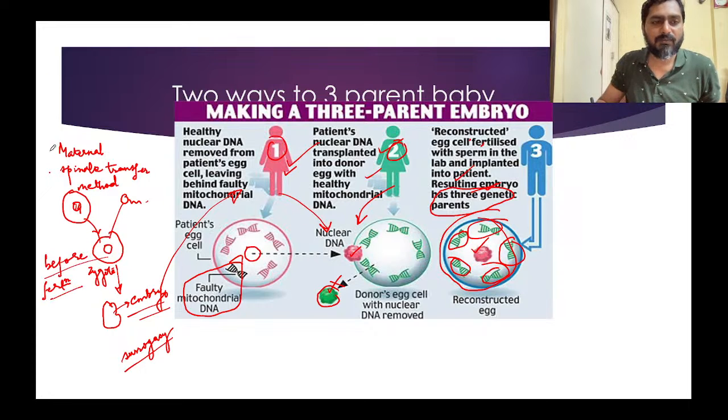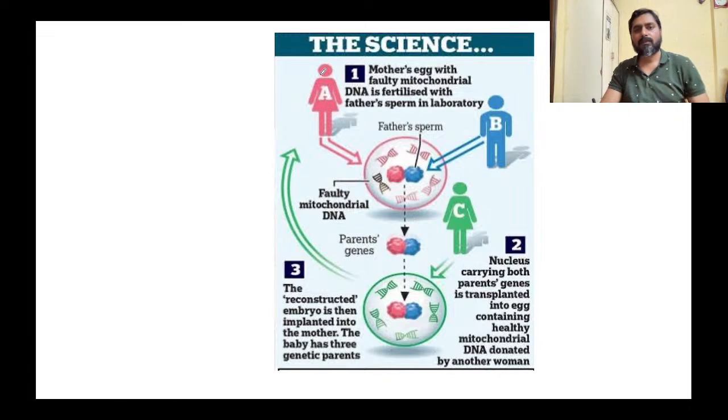So this is one way to produce the three parent baby, and there is another way also. Let us look at the other way. In this case we are taking the mother's egg cell and the father's sperm cell. The mother's nucleus is here, this is the father's nucleus.